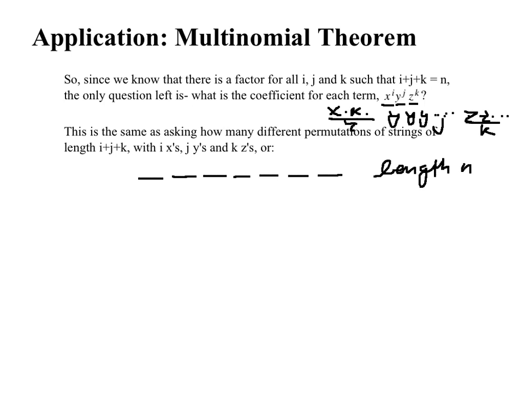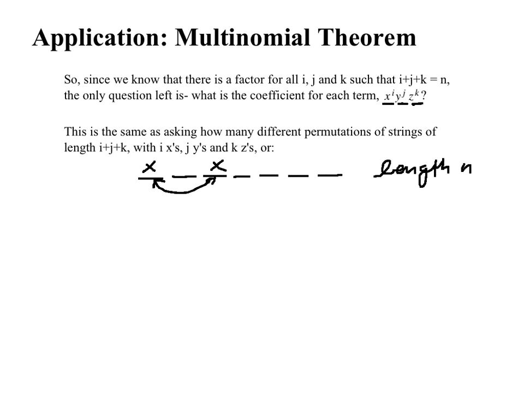And since i plus j plus k is equal to n, we have the length of n. And again, if there were two x's here and we were to swap positions, it would have no impact. So obviously the x's are indistinguishable, so are the y's, and so are the z's.